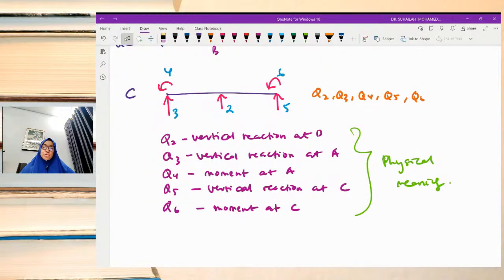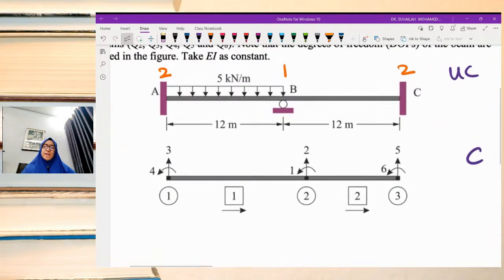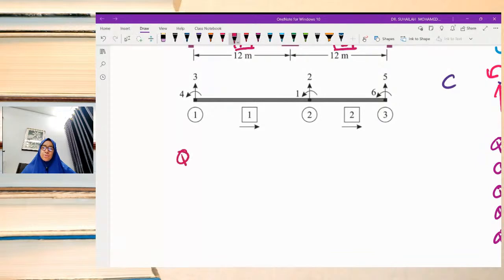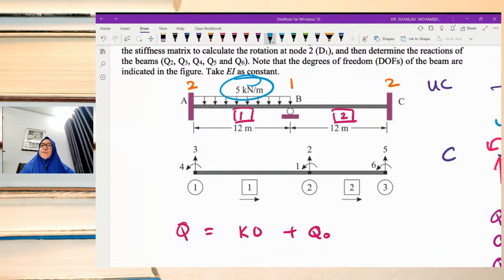Okay, so there are two elements. We have element number 1 joining A and B, and element number 2 joining B and C. To calculate, we will use Q is equal to KD plus Q naught, because in this question we can see that member AB has UDL.